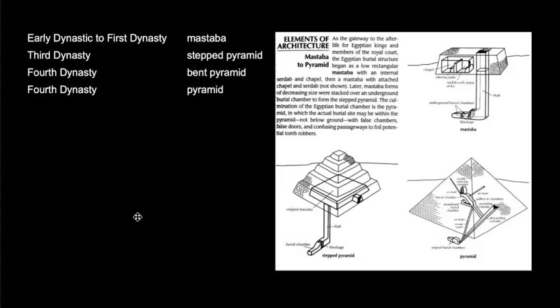Then followed by the stepped pyramid, which is what it sounds like, steps leading up to a point. The 4th dynasty had a bent pyramid, and by the later 4th dynasty, we have the pyramid we see and know of today.